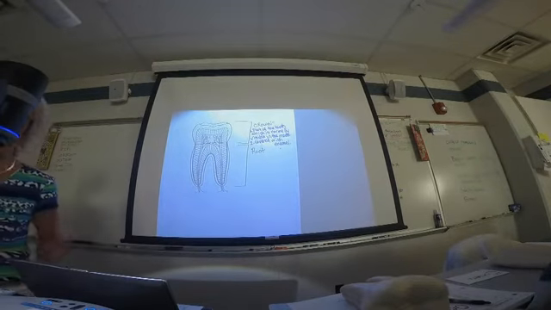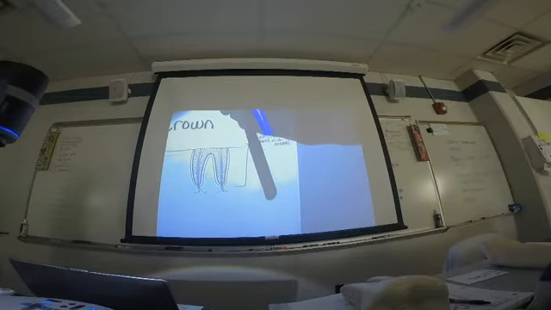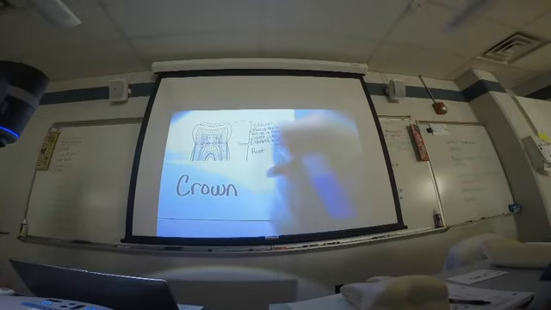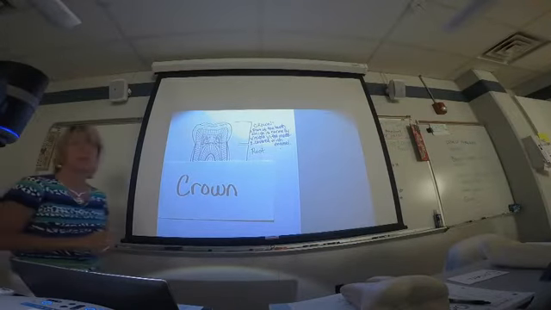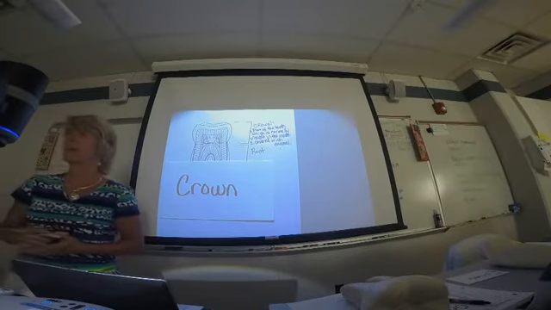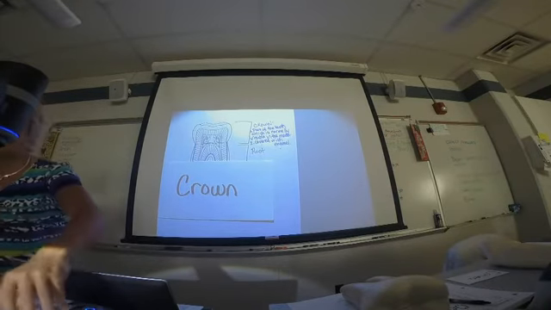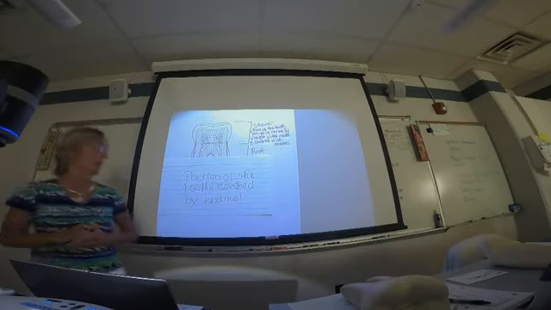So let's make a card for crown. We will have to identify that as a term. And I'm going to give you exactly what the test says for crown. Portion of the tooth covered by enamel.